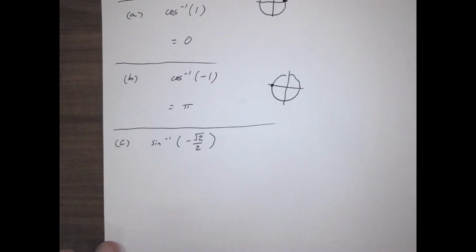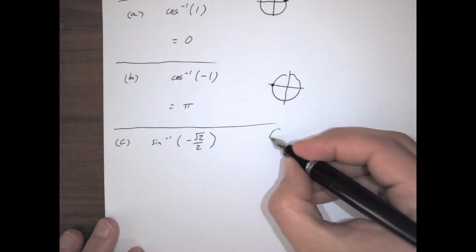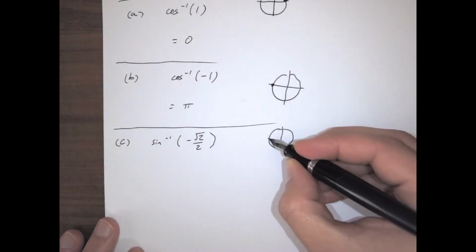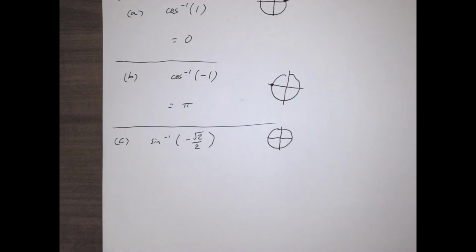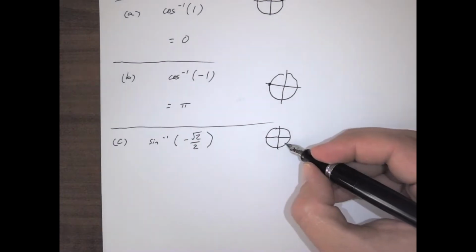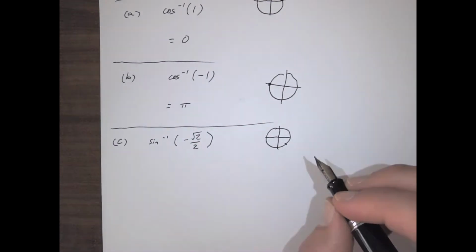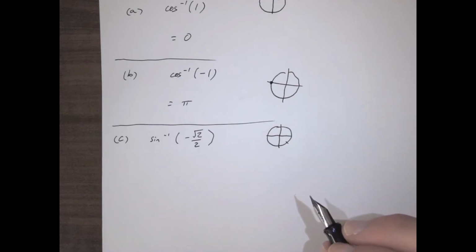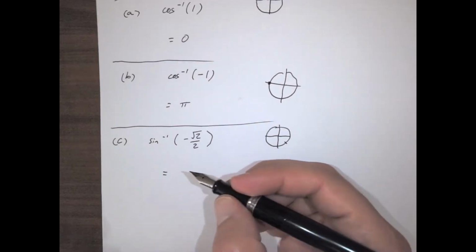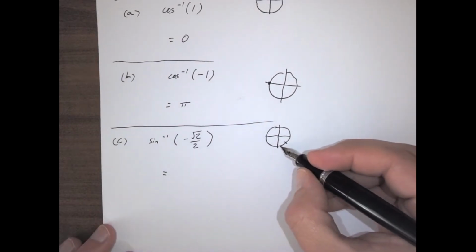Well, first off, root 2 over 2 is a familiar number to us. We recognize that as being the coordinates at the 45-degree mark. The fact that it's negative, though, means we're down here. Now, the most important thing about this is, especially when we're not in quadrant 1, make sure you are giving literally the version of the angle that sine inverse can, which is the version that is between negative pi over 2 and pi over 2.